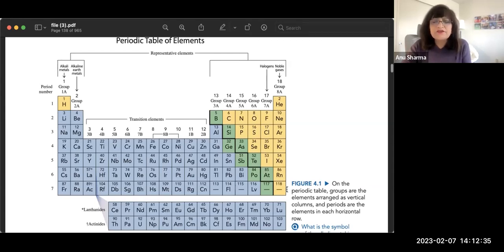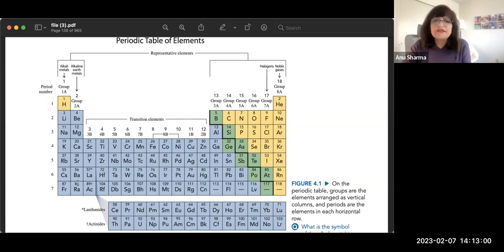Another thing is the way these elements are arranged. These elements are arranged also in groups. So this is group 1A, this is group 2A, this is group 3A, 4A, 5A, 6A, 7A, and 8A.